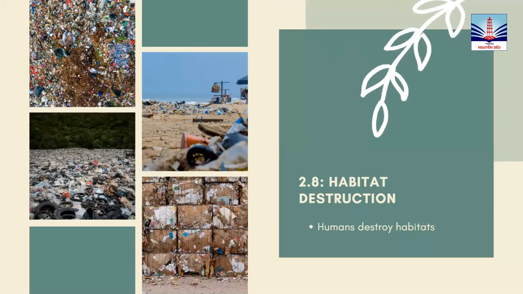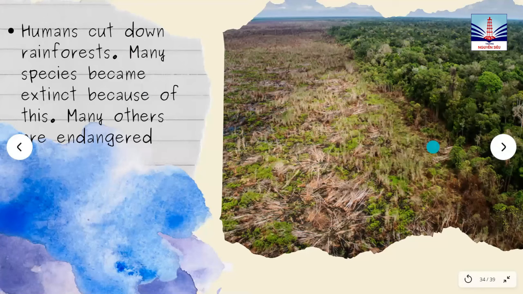Many species of animals live here and take shelter here. Because of the cutting down of the rainforests, some species became extinct, and many others are endangered just because their shelters are destroyed by us.